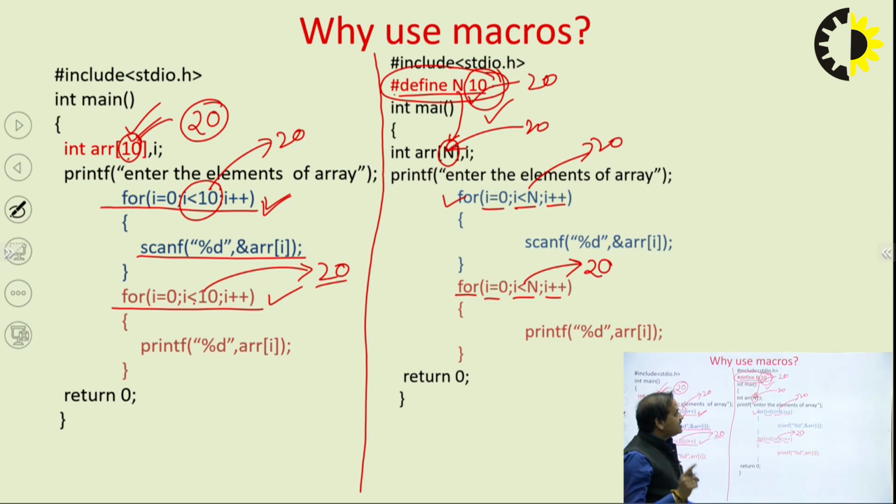So there is one change here, and all the code is modified automatically. But when we do not use a macro, then we need to change every value when we want to change the size of the array. This is the main difference in using a macro definition in the given program.